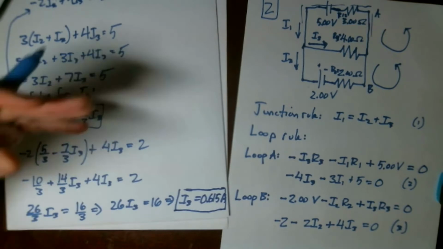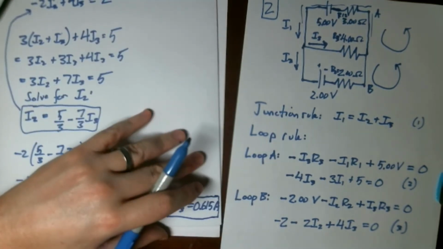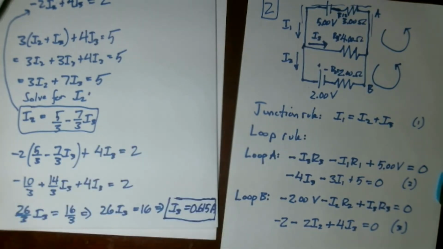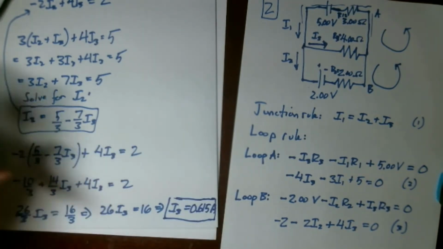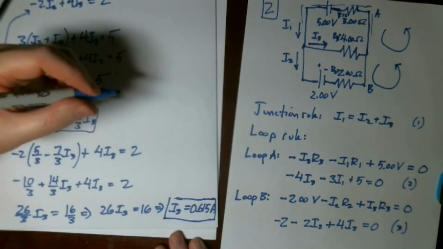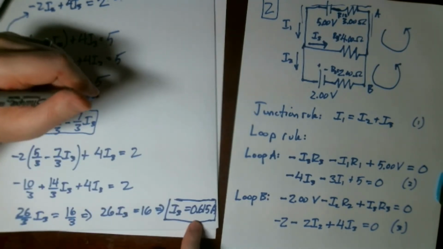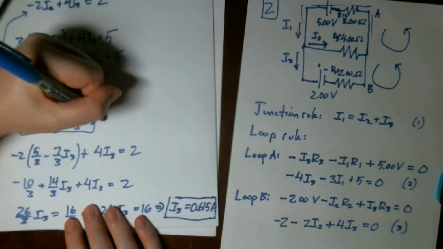And really, once you find a numerical value for one of the currents, it should be pretty easy to substitute that numerical value into the other equations to get out the other currents. So we know that I2 is related to I3 by this. Let's plug that 0.615 amps into this equation for I2.